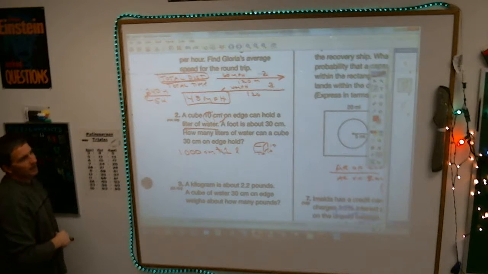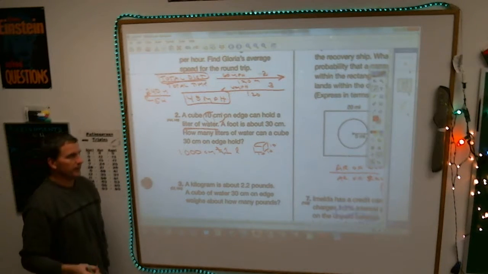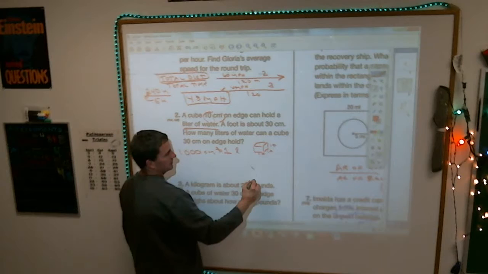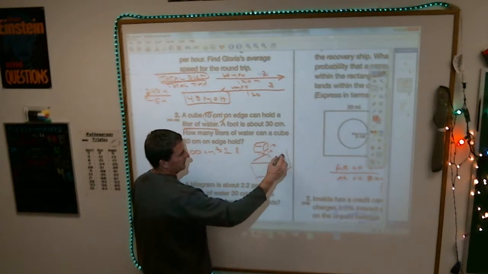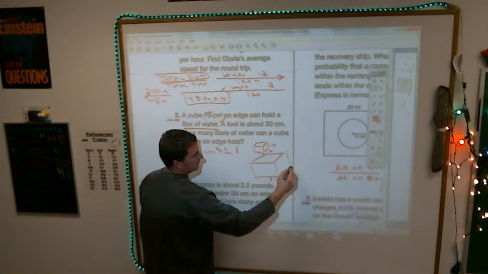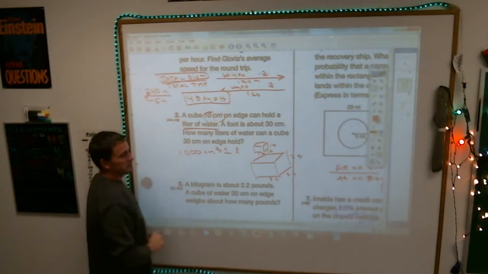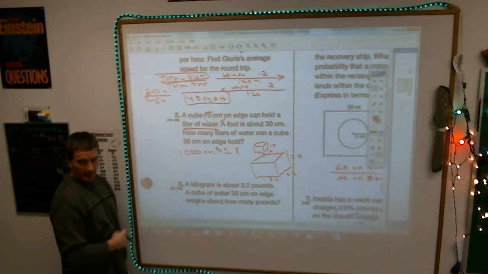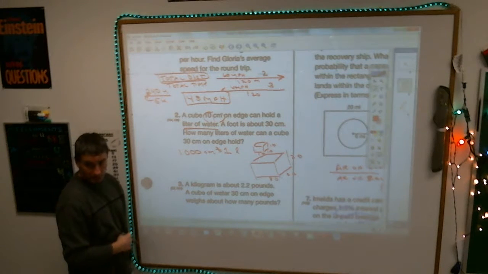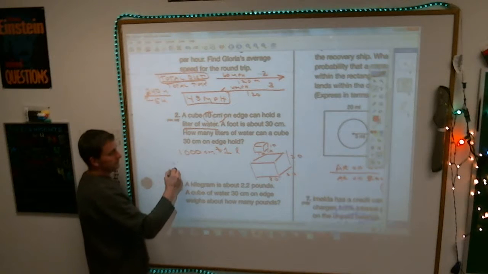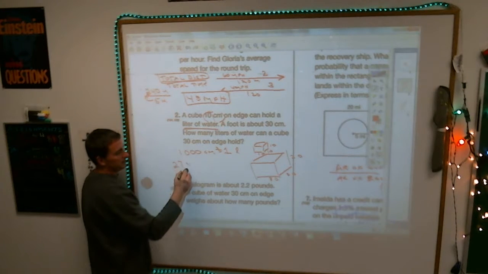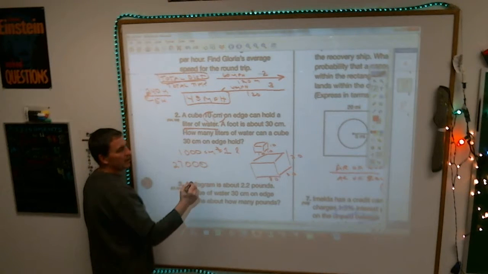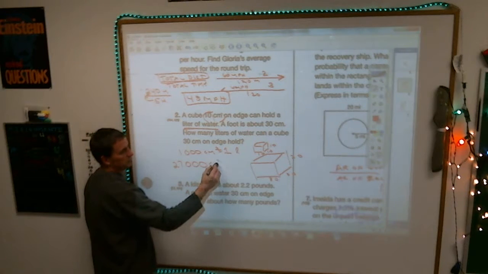Actually, I believe you could do scale factor on this one too. I don't have a 10 by 10, I have a 30 by 30. What is the volume of a 30 by 30 by 30? Ryan, 30 times 30 times 30? 27 with how many zeros? 3. 27,000 centimeters cubed.